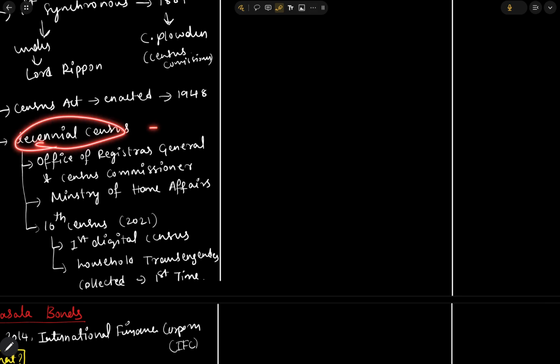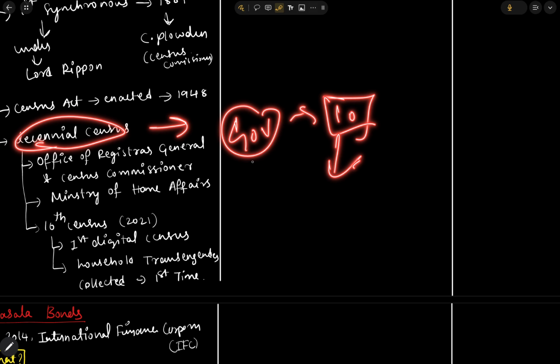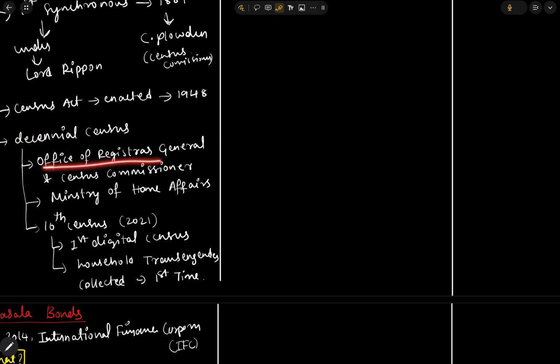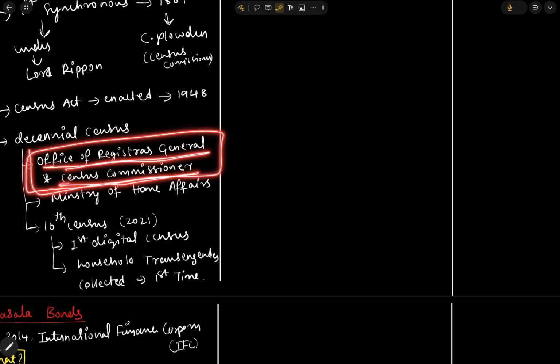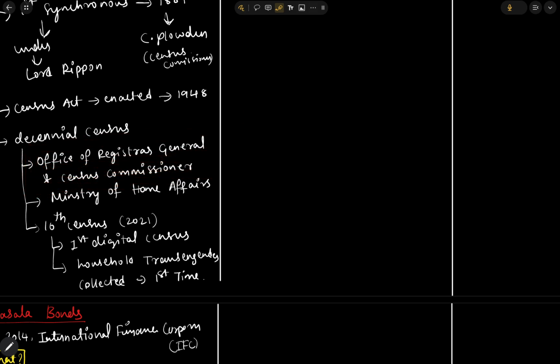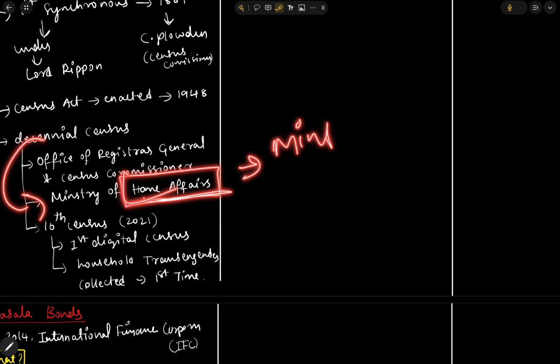Decennial census is nothing but the government doing the census every 10 years. It comes under the Office of the Registrar General and Census Commissioner. This you also need to remember. It comes under the Ministry of Home Affairs. We need to remember the ministry and also the Office of the Registrar General and Census Commissioner.